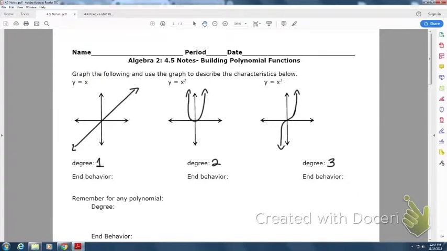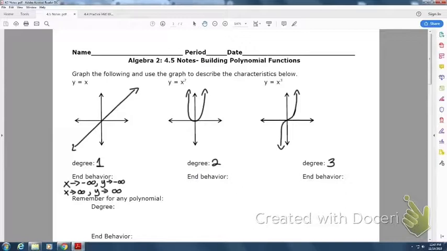Alright. Looking at your end behavior. So for linear, as x approaches negative infinity, what does y approach? Negative infinity. As x approaches positive infinity, what does y approach?